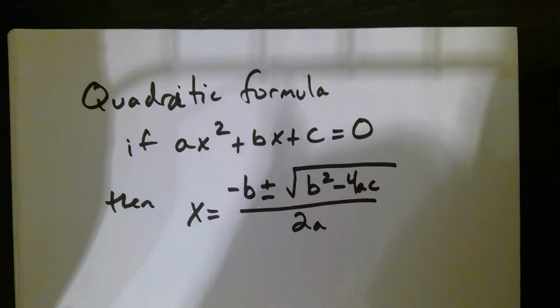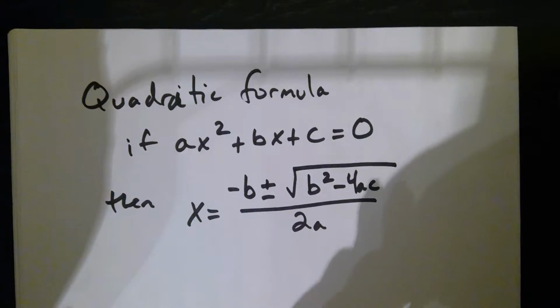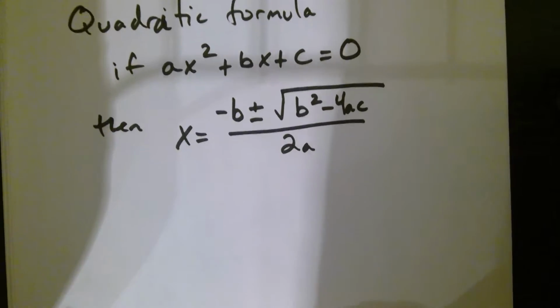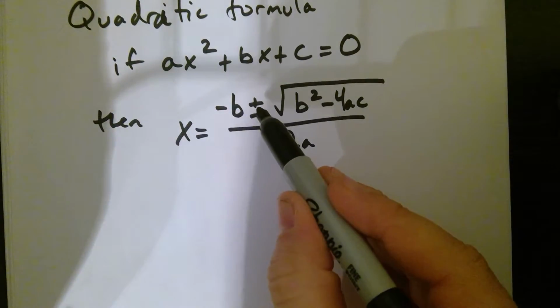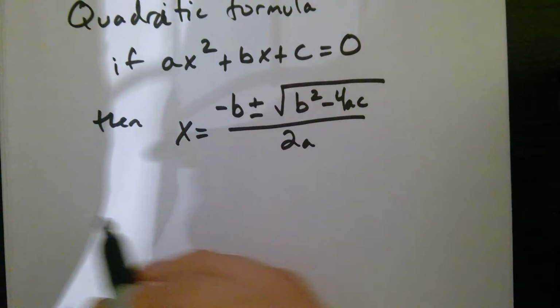Now, we're going to go ahead and use this equation. I want to point out a couple things first. The first thing, this plus or minus, means you can break this down. If you are too confused by that, and you don't feel comfortable using that plus or minus, you can make two equations.